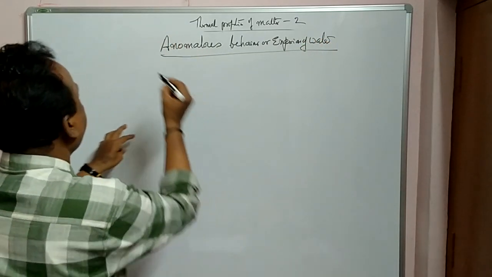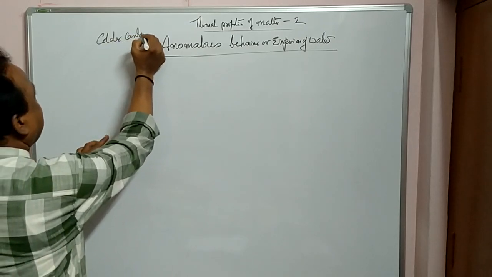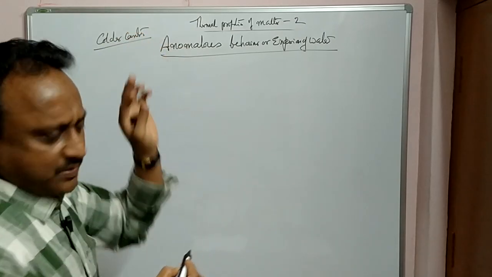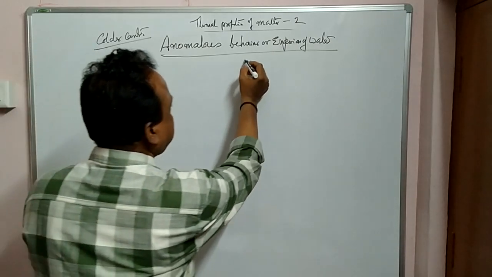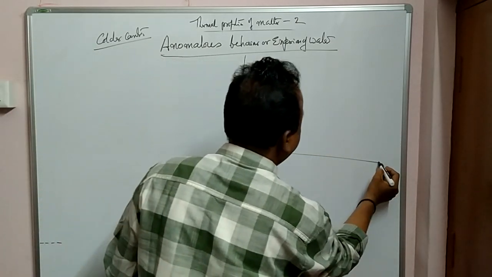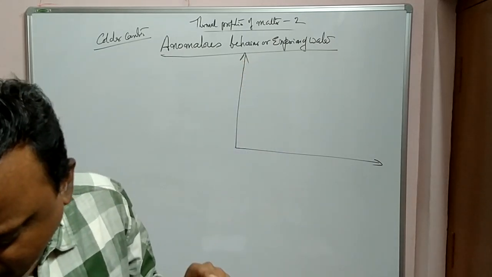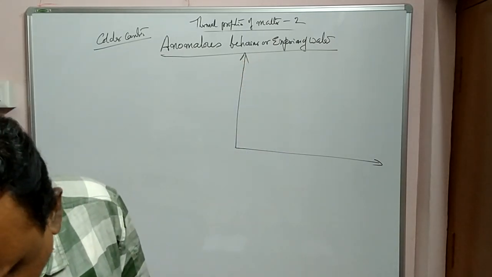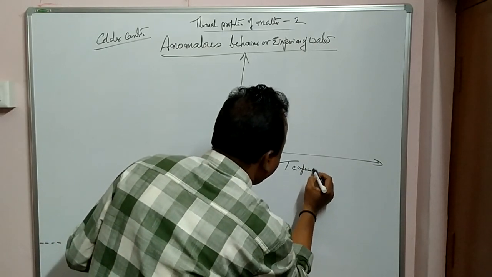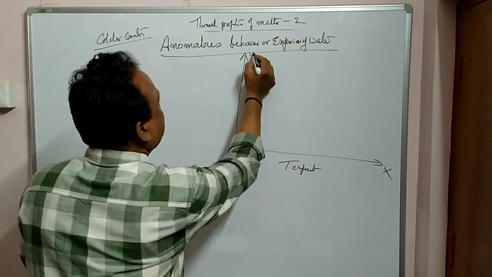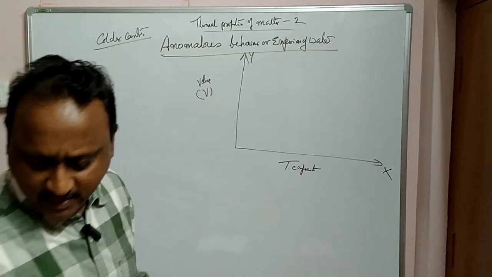This is generally found in colder countries. So what is the behavior of this one? We'll try to understand by drawing a graph. If you take temperature versus volume, temperature on the x-axis and volume V on the y-axis, it is observed practically.